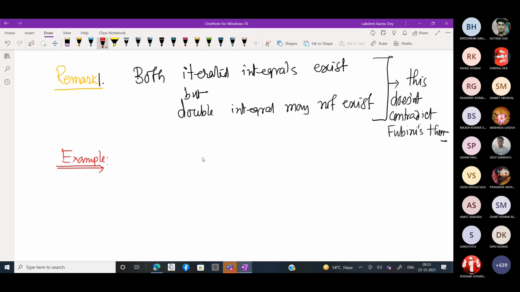Look at this: 0 to 1, 0 to 1, (y minus x) over (2 minus x minus y) whole cube, dy dx, and the other part is 0 to 1, 0 to 1, the same integrand, dx dy. This is the other repeated integral.